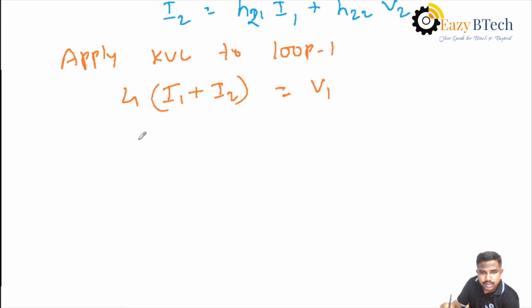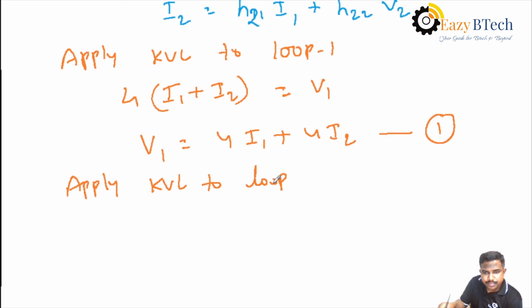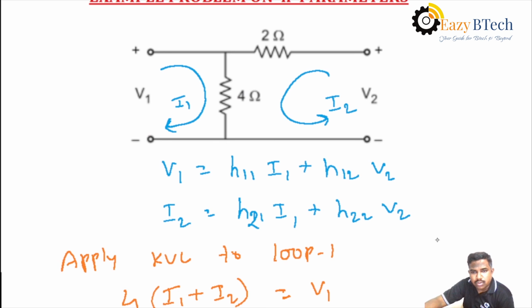Then similarly, V1 equal to 4I1 plus 4I2. This is considered equation 1. Then similarly, the next step is the same. Apply KVL to loop 2. Observe in loop 2, we have two elements, that is 2 ohms and 4 ohms. In 2 ohms, only I2 is passing. Then the drop is 2 into I2. But 4 ohms is the mutual.